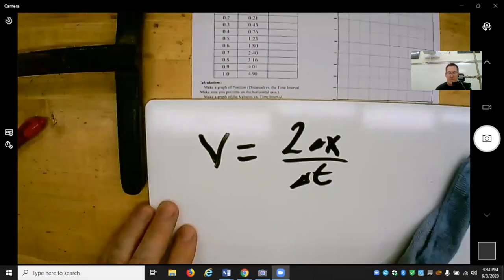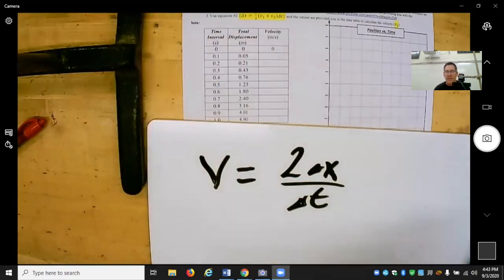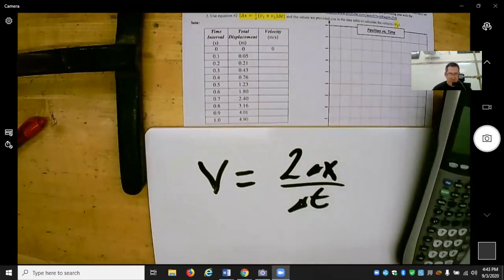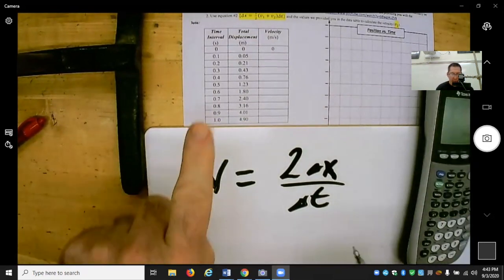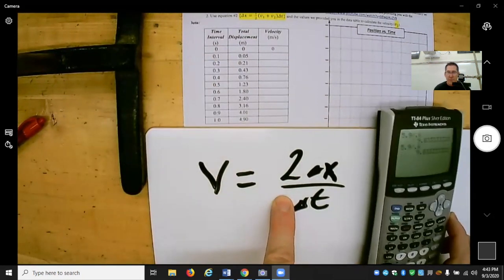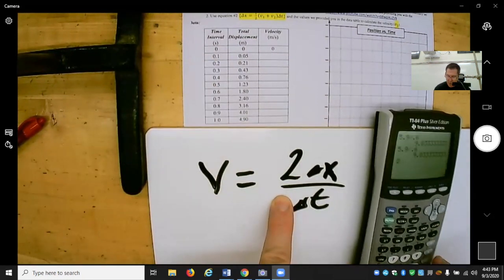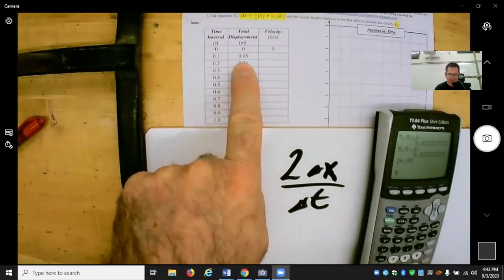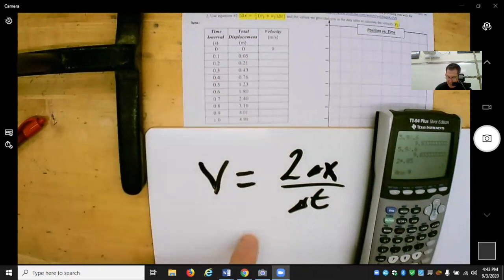So now going to the data table and grabbing my calculator, the velocity after 0.1 seconds, I'm going to take 2 times the distance, which is 0.05, divided by the time, 0.1.